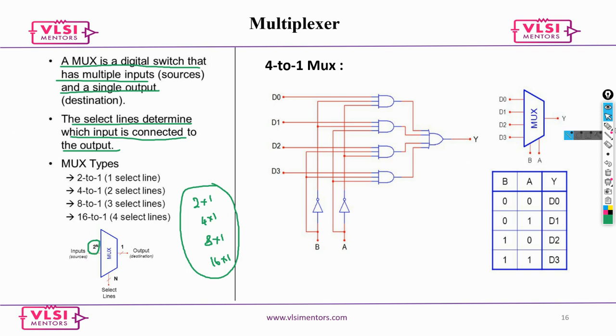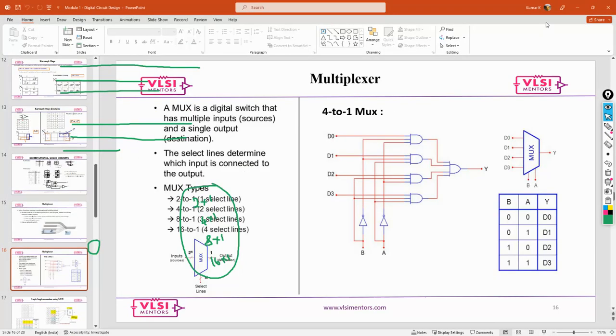Okay, now the 2x1 mux. What is the meaning of a 2x1 mux? So there is A, B, then S, and then Z. Now when S is 0, what is your output?